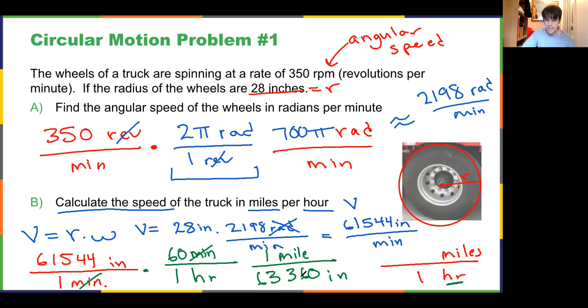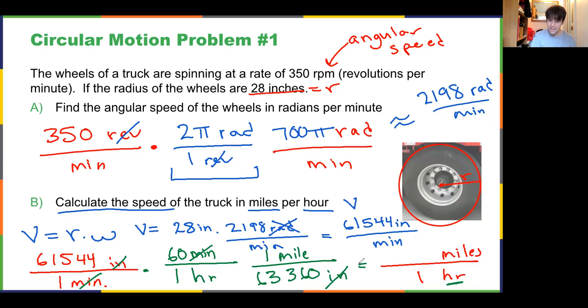inches. And again, inches are going to go in the denominator here because I will want to cancel that unit out. And miles need to be in the numerator because I want that in my numerator for my final answer. Now it becomes a simple matter of doing this calculation. Multiply things that are in the numerator together, divide by what's in the denominator. So I'm going to do 61,544 times 60.